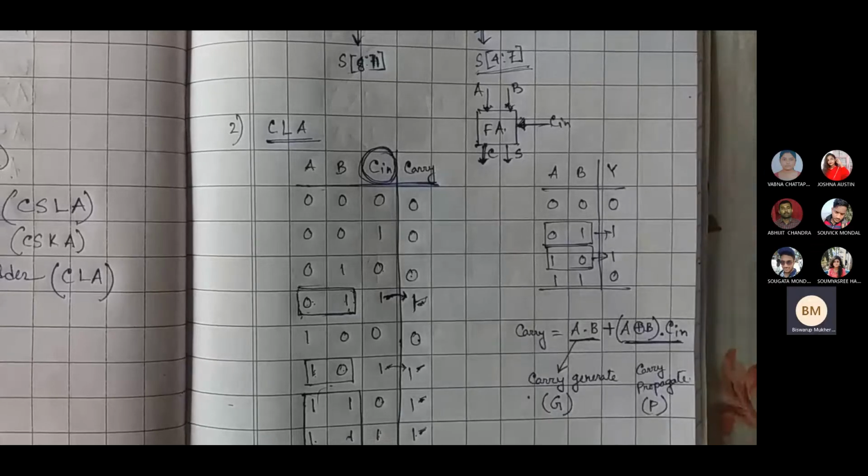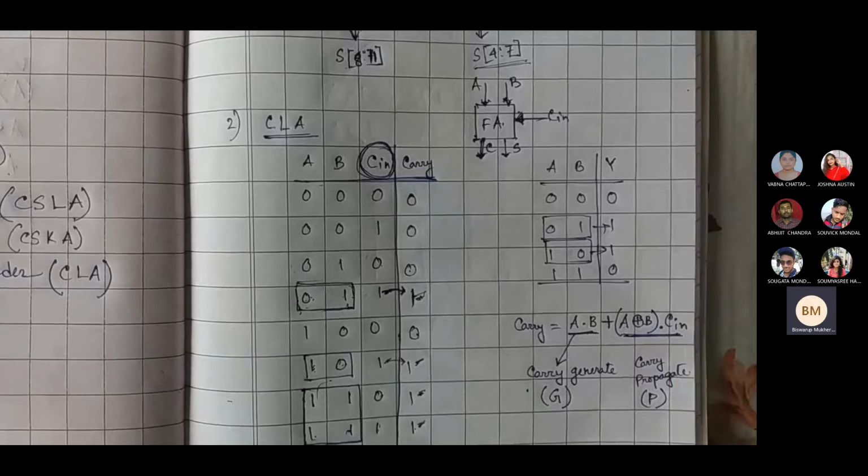So we can write this carry term in a smaller pattern.